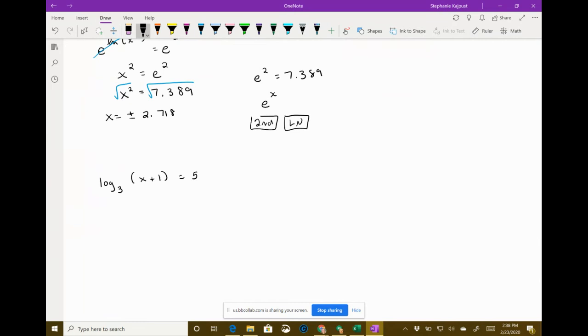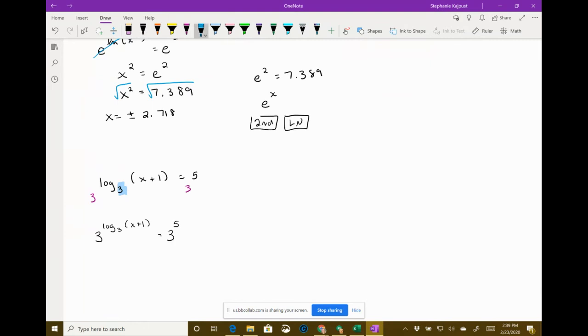Let's say we'll do 5. So if you have something that's not base 10, you're just looking at what that base is. So the base is 3, so that means I'm going to make 3 the number that I use under each of these. So I'm going to have 3, and then in the exponent, I have log base 3 of x plus 1, and then I have 3 to the 5th.